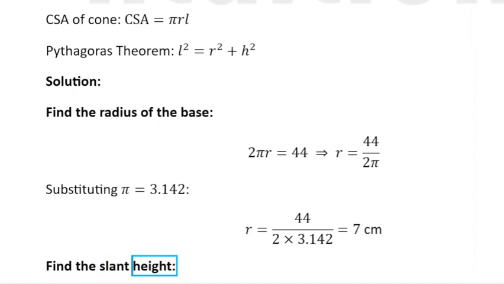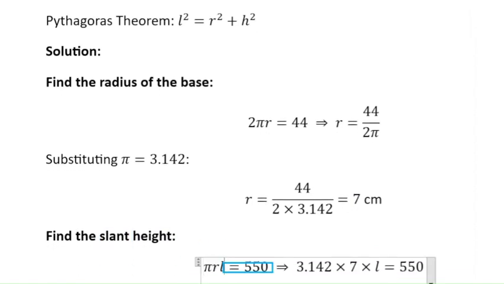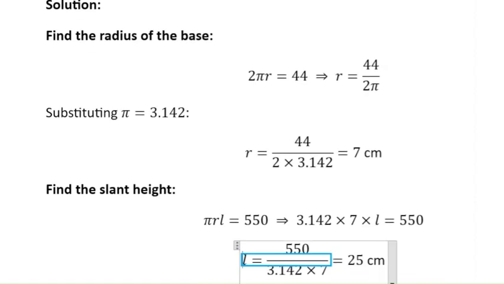Find the slant height. πrl equals 550, which implies 3.142 times 7 times l equals 550. l equals 550 over 3.142 times 7, which equals 25 cm.